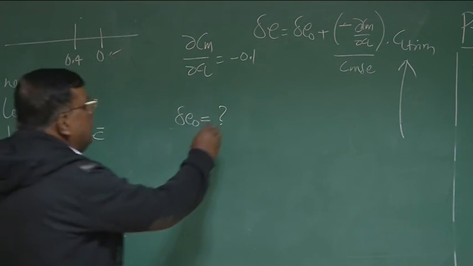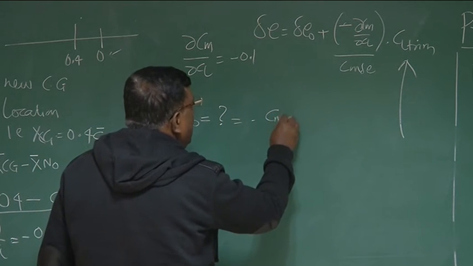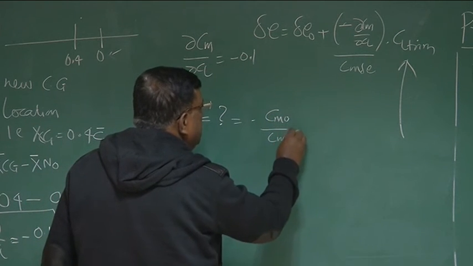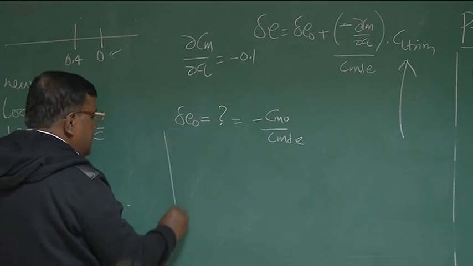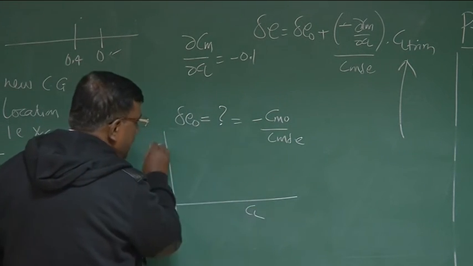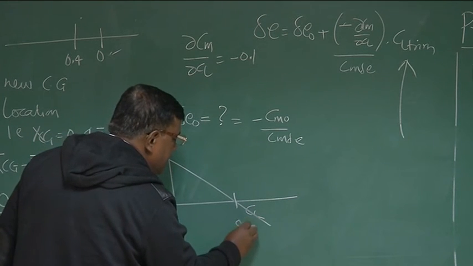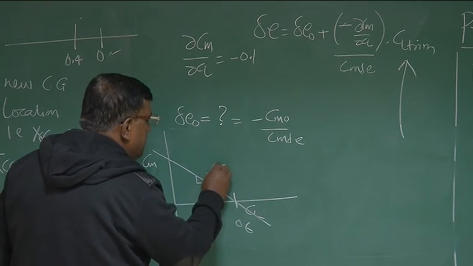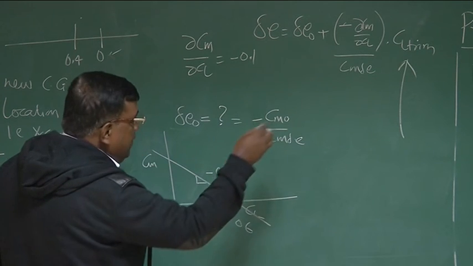We know delta E naught equal to minus CM naught by CM delta E, and if you recall from the first case, this is CM versus CL, where this is 0.6 given, and the slope is minus 0.3 as given in the first case.